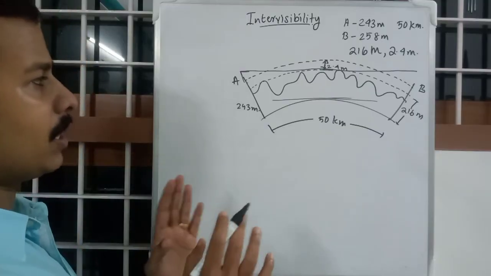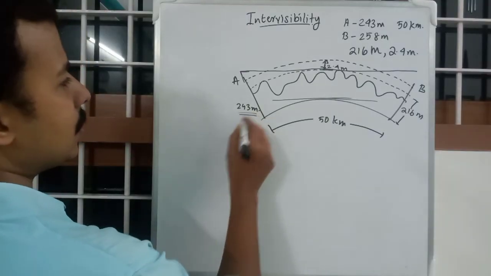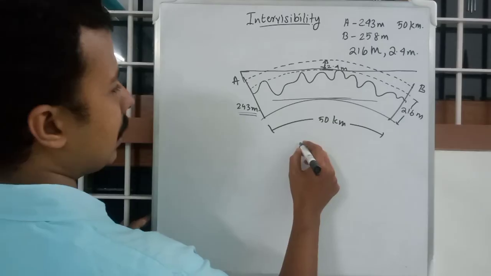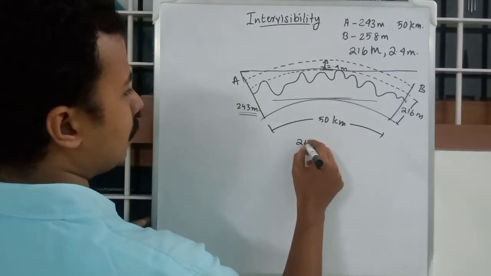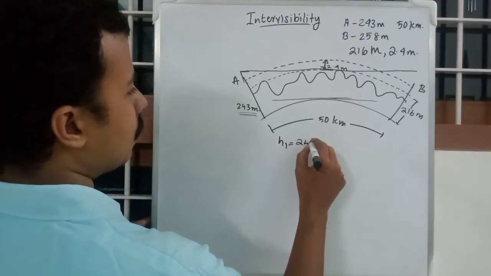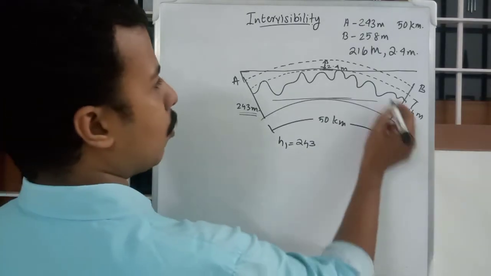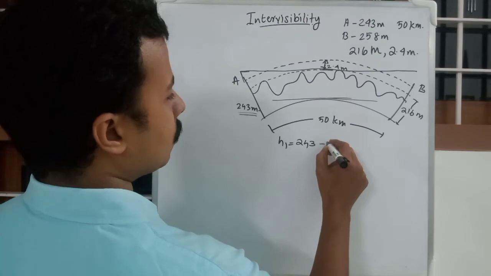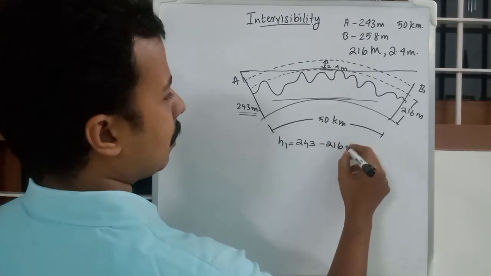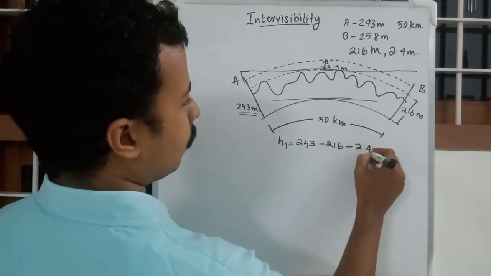So what we will do is take this 243 meters of H1 and subtract both of these values, 216 and 2.4.